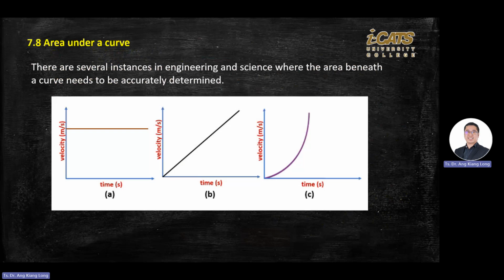Okay. There are three kinds of graphs that you normally see. Velocity multiply time, what do you get? Distance. Area, but what is meant by the area?